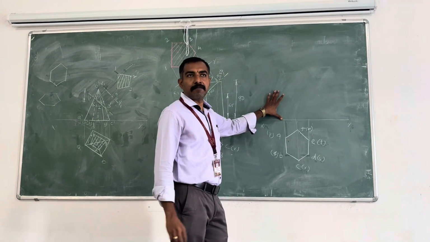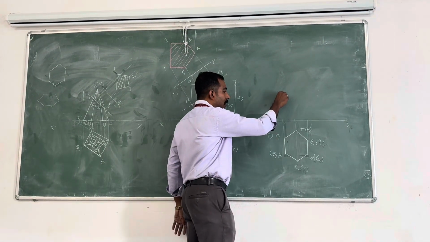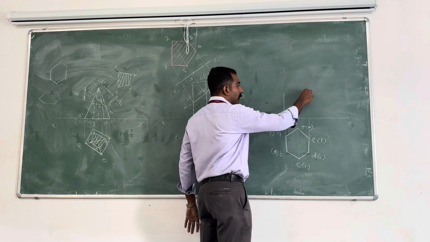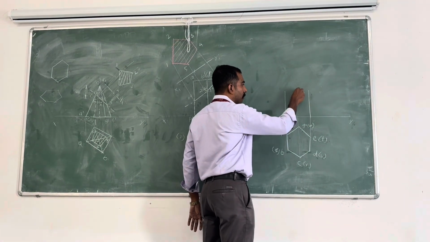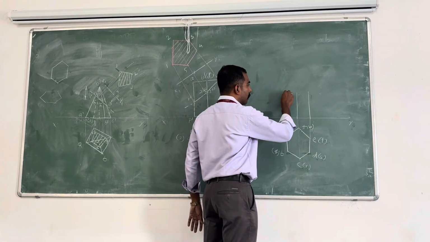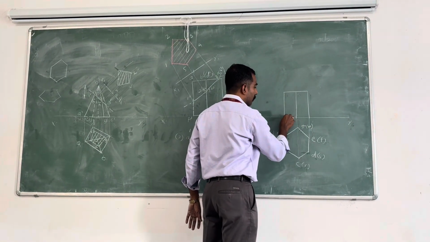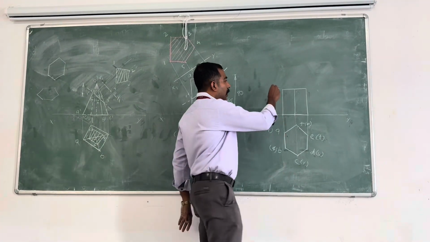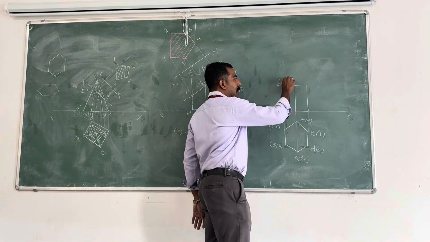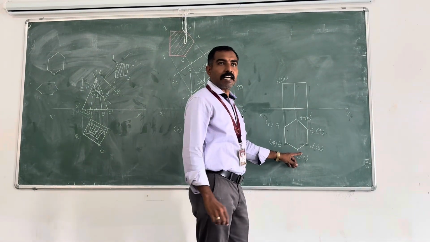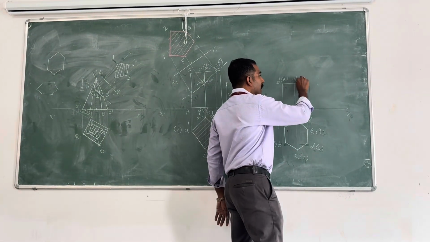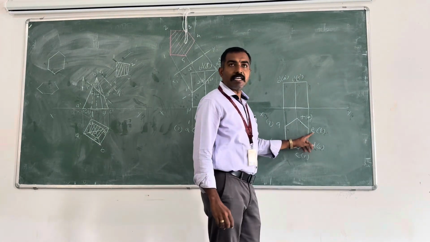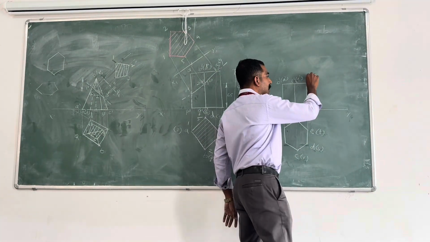The axis is 60 mm, so we take 60 mm. Now we have to mark the points: B dash inside the bracket A dash, C dash inside the bracket F dash, D dash inside the bracket E dash.